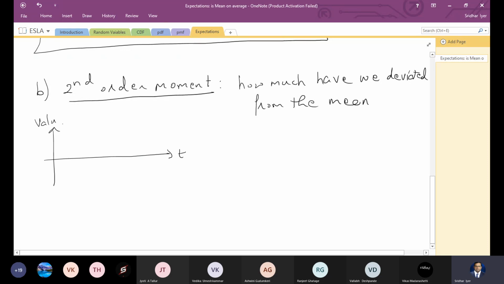Let the y-axis be some value we don't know, and let the signal look something like this. Okay, so this is more like that ECG signal that you see. Now in this signal we find the mean value, and let's say the mean value turns out to be this value here, the dotted line, right? This is the mean value.